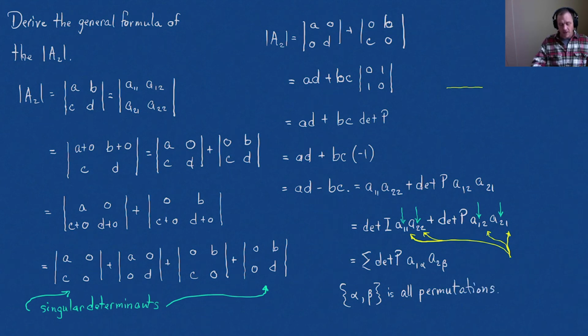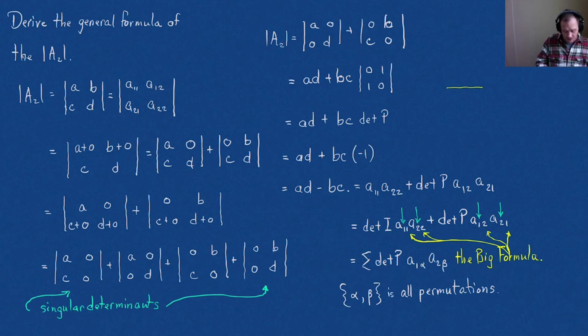So there we go. That is, and our author calls this, as a great title, the big formula. The big formula. And that is the general form for a 2 by 2.